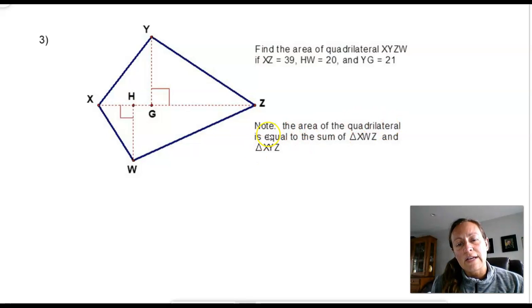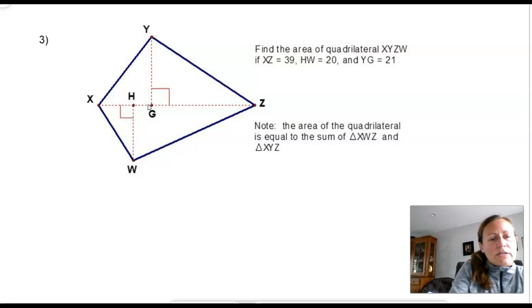The area of this quadrilateral is the sum of triangle XWZ, the bottom triangle, and XYZ, the top triangle. So it says find the area of the quadrilateral if you know that XZ is 39, HW is 20, and YG is 21.